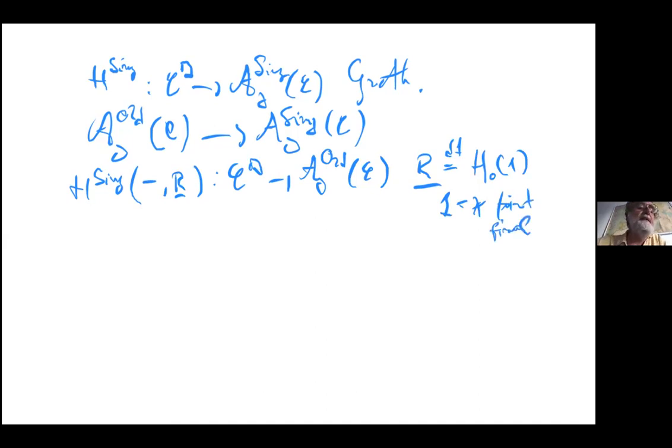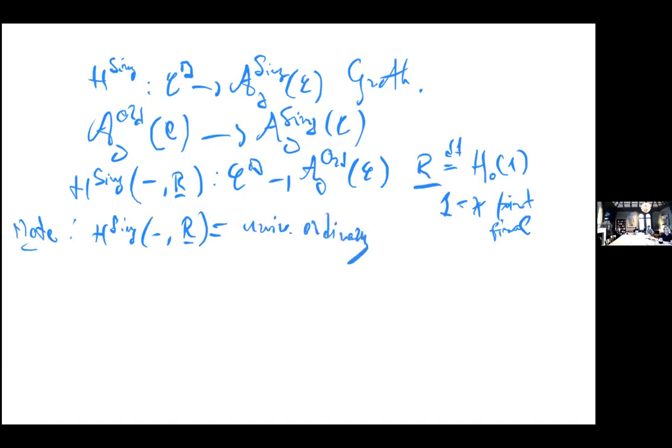Like in the topological case, or in the case of schemes, there is such a finite point object. And note that if H coincides with universal ordinary homology, then this implies that the functor is an equivalence.